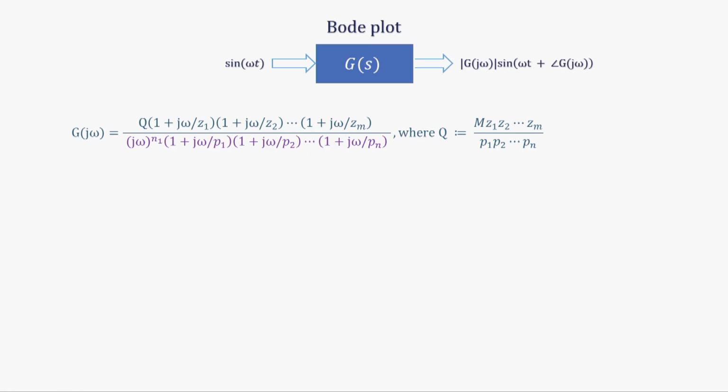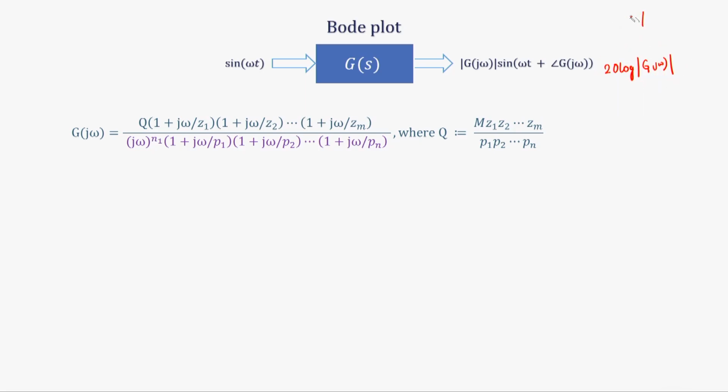Now, let us see what the magnitude will be. Remember, in Bode plot the magnitude is 20 log of mod of G j omega. You can always plot G j omega also, but the definition of Bode plot says that in the y axis the magnitude has to be in dB scale.